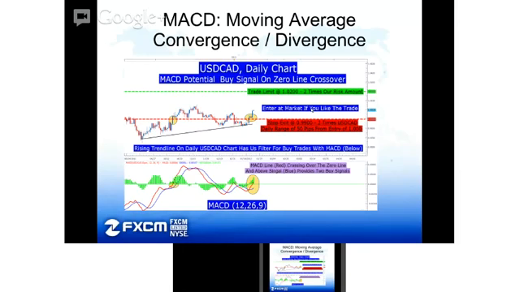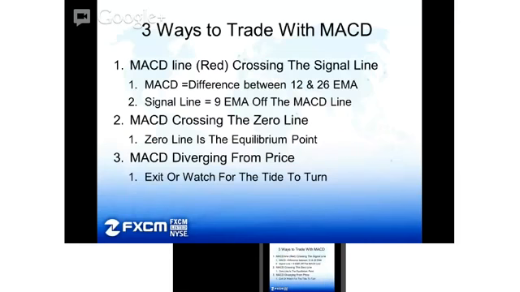So naturally, it's not price-based 100% because it's a few ripples off of price, but it's meant to slow down the signals. And the trade-off there is you get less signals, but they're supposed to be a little bit more reliable. I want to show you a few ways you can trade with MACD and then go to the charts.